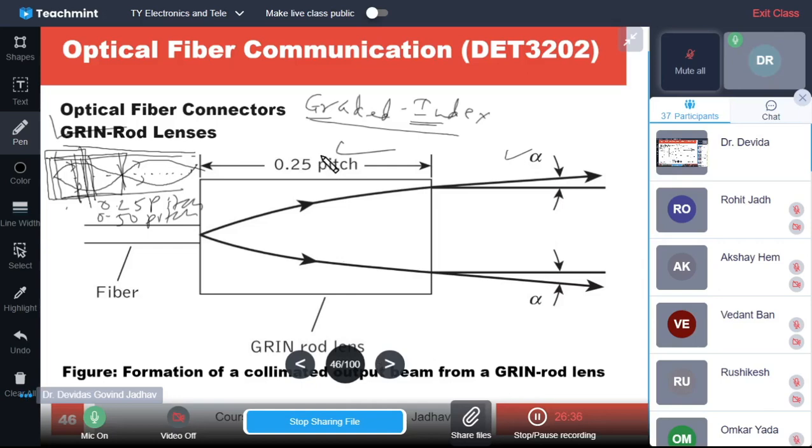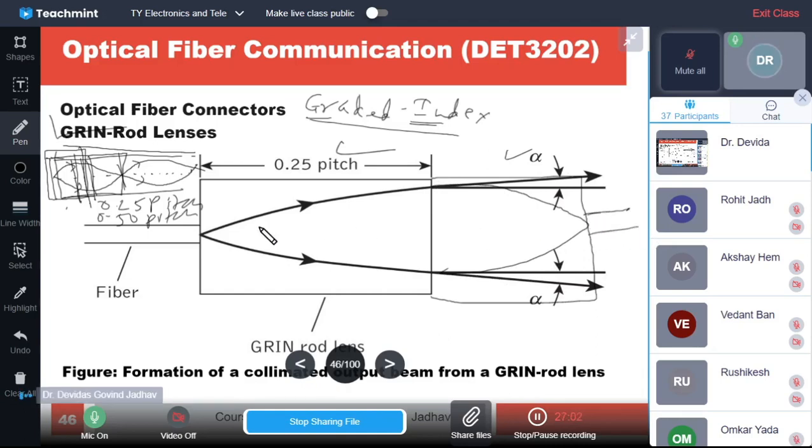So here we can immediately connect one more lens. There is no free space coming into the picture. So from fiber directly to the first lens, and from the first lens directly to the second lens, and that will again refocus this, and this refocused beam can again be connected to the fiber.